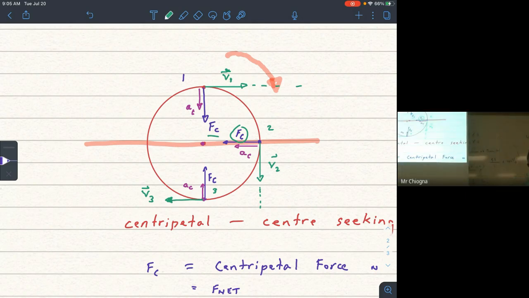So make a note: V1, V2, V3, same magnitude. At any point, I only drew 3. I could draw a 4th here, but I won't. I think you get that. You can apply this not just to a car moving around a circle, but to a Ferris wheel, to a moon going around the Earth, to a satellite going around the Earth, as long as it's moving at constant speed.